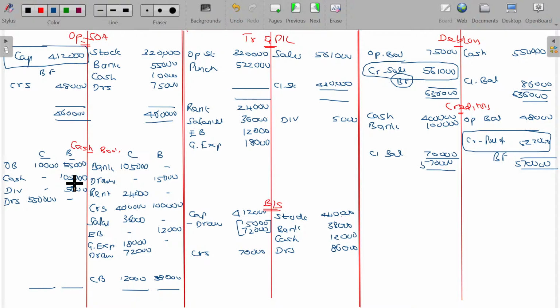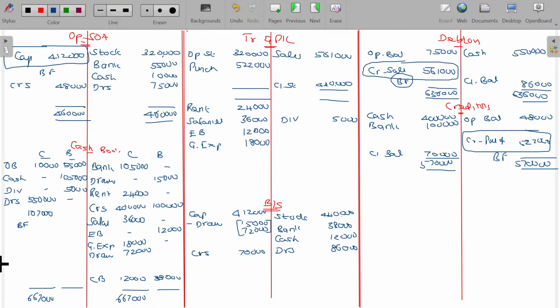Finish up tallying the cash book to find out if there is any balance. Cash 6,67,000. Closing balance is cash and bank balance. And here you will get 1,07,000, the balancing figure.